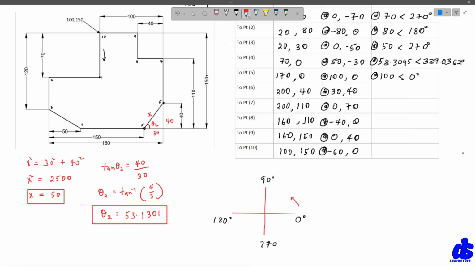That's the value of the angle. If you have to draw a coordinate system at this point, realize this is the angle that you already have, so we don't need to add or subtract anything. So our magnitude is 50, and the angle is 53.1301.